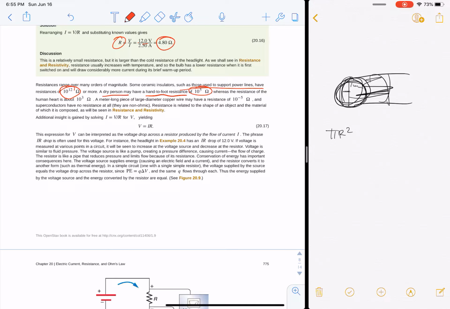Resistance of the human heart is about 10 to the 3, but copper, which we use in all of our homes, is about 10 to the minus 5th ohms. So they're very, very low resistance, and that's what makes them good conductors, and that's why we use them in all our circuits to conduct electricity. So V equals IR, that's Ohm's law.